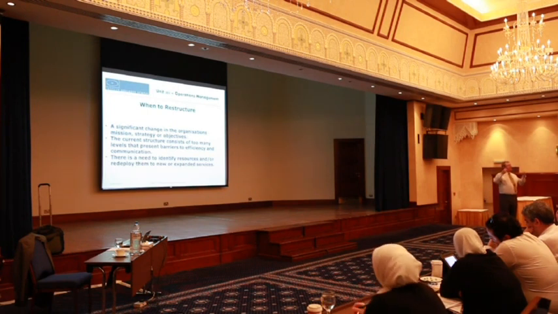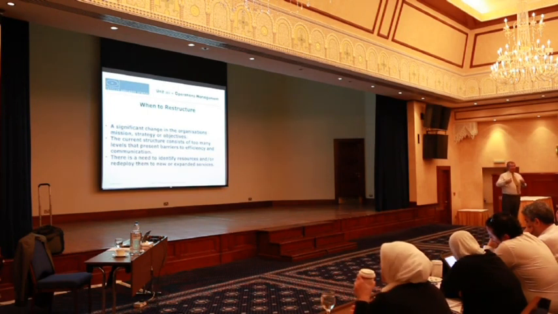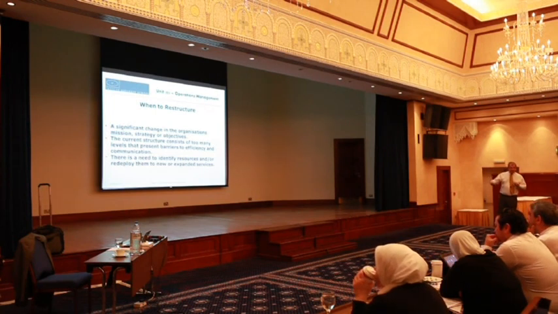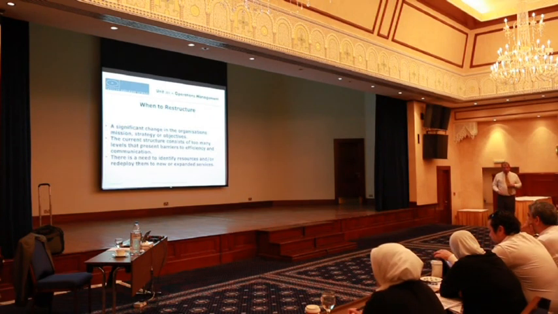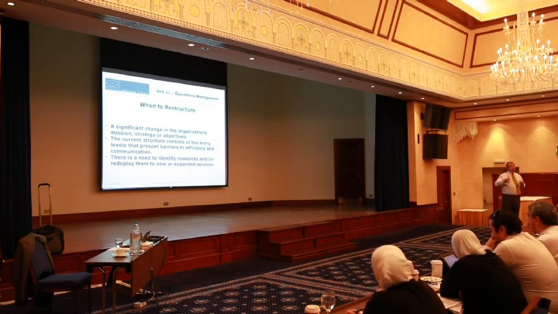So even at a national level, you are going to have changes that take place. But the British example, and I think the forthcoming European one, concern levels that present barriers to efficiency and communication, and you need to be able to do something about it. You need to restructure.